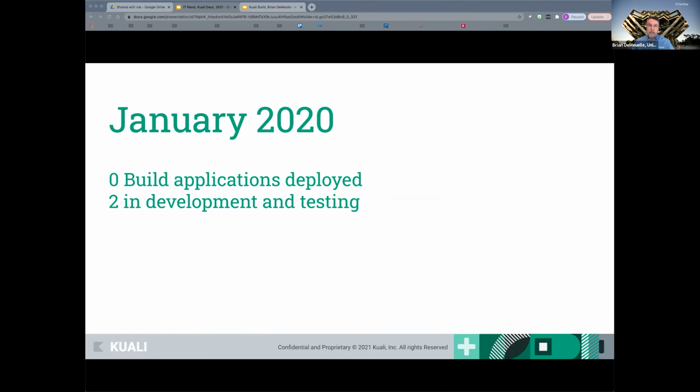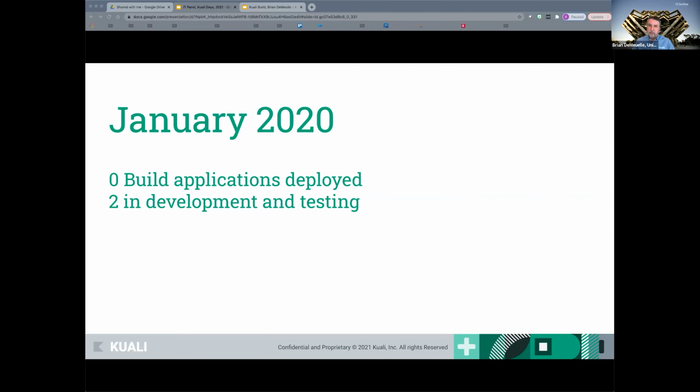We were already deploying Kuali Research, and we were looking into, and have since deployed, Kuali COI and IRB. At that point, we engaged in the design partnership with Kuali for the Build platform, and we brought in Kuali Build probably in the 2018, 2019 timeframe.